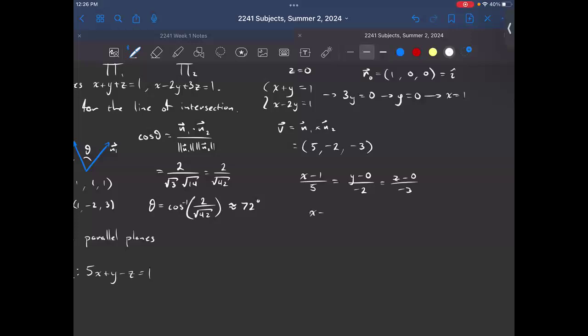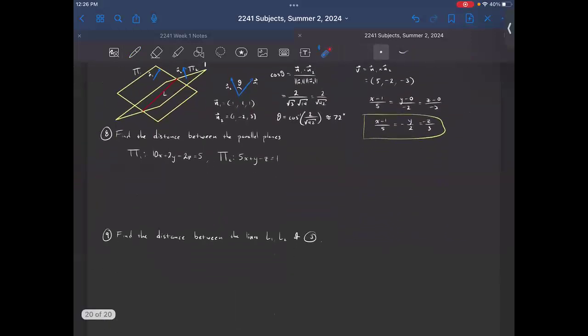So our symmetric equations look like this: y over negative 2, z over, or minus z over 3. There we go. There is the set of symmetric equations for our line L.